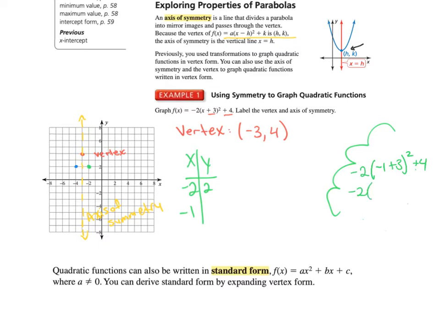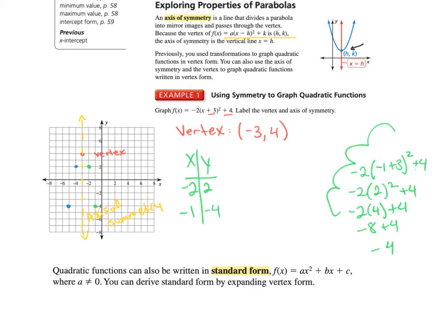So that's -2 times... -1 plus 3 is 2. 2 squared is 4. -2 times 4 is -8. Plus 4 is -4. So graph that point, -1, -4. Again, we're going to reflect this point over the line to get the other side. So that gives us this point.